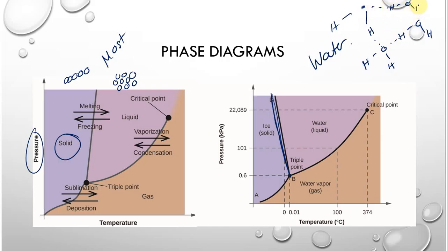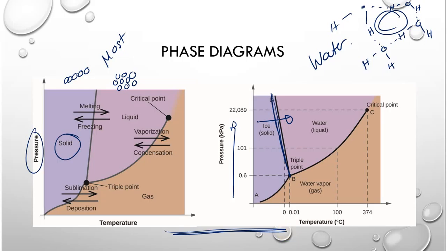And so you end up getting these spaces between the molecules or within the molecules. And so the solid state takes up more space, so increasing pressure makes it more likely to go to the liquid phase where less space is used. Very different from basically every other substance there is. So that's the difference between these two phase diagrams.